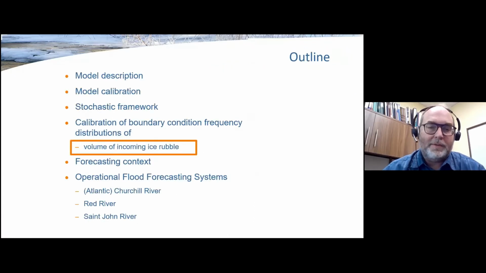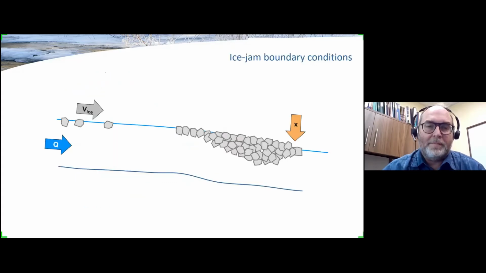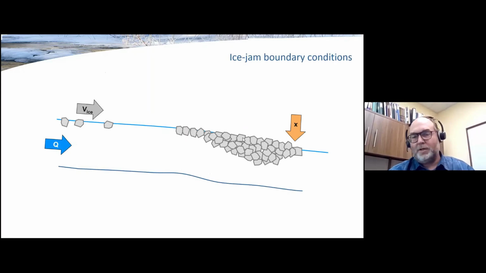Now coming to the volume of ice. This is a very difficult condition to determine. What is the volume of all of your ice jams, let's say, of the last 40 or 50 years? What is the distribution of that? The location of the ice jam toe is also fairly difficult.